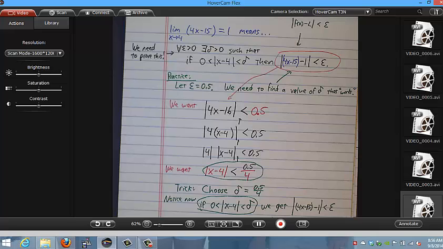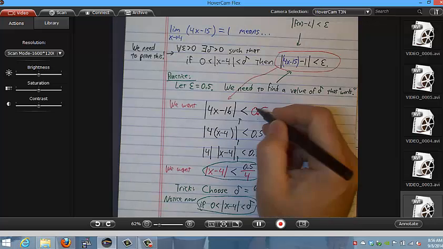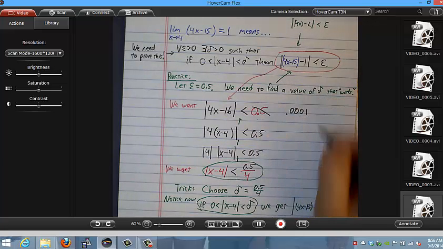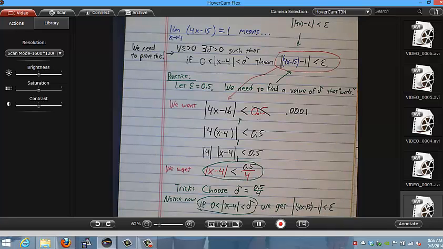I need a smaller value of epsilon. So I pick a silly number like what? I don't know. How about 0.0001? All right? So I do that.